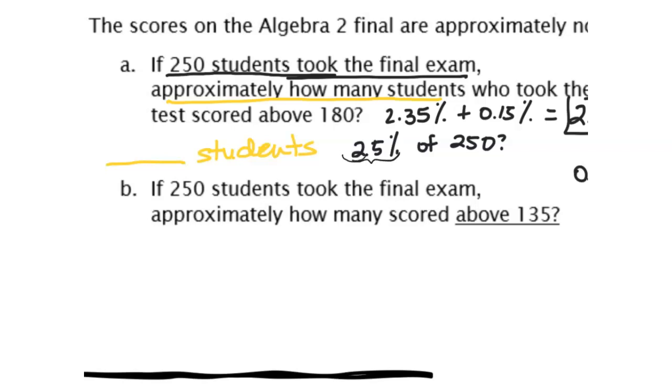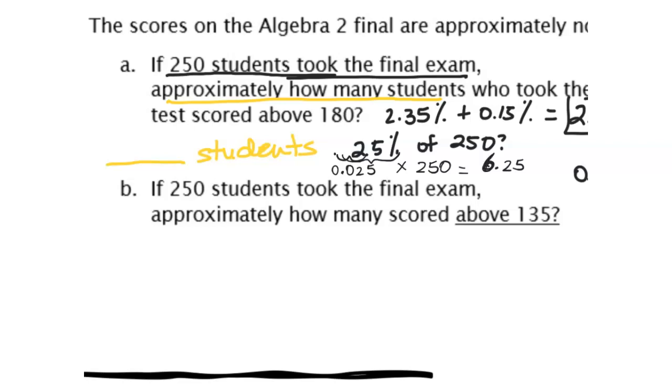We move the decimal 2 places to the left, so it becomes 0.025, and then multiply it by 250. Using a calculator, 0.025 times 250 gives us 6.25.